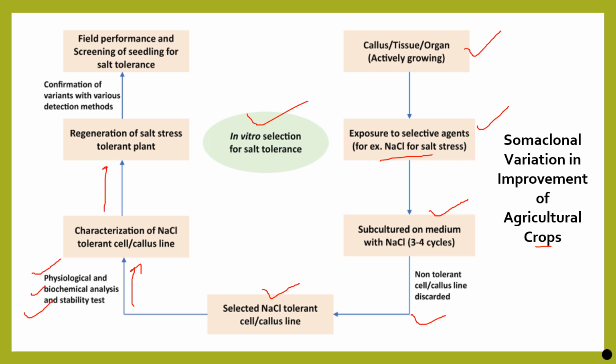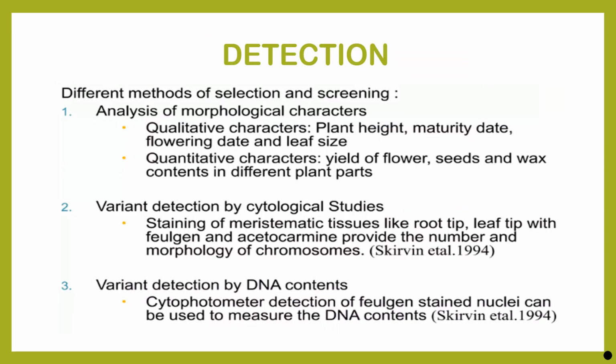Then we'll regenerate it and check whether these regenerated plants have that salt tolerance or not. Fine. And then after confirmation, after generations, we'll take them for field performance, and we'll check their seedlings for salt tolerance again. So this is how we perform in vitro selection.